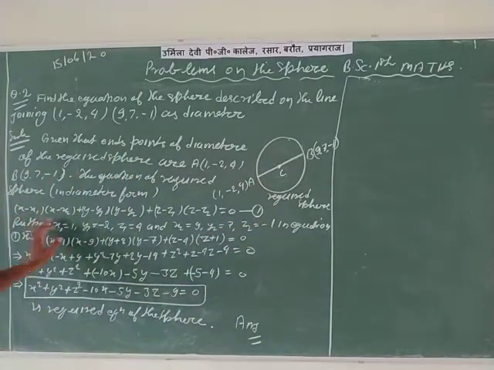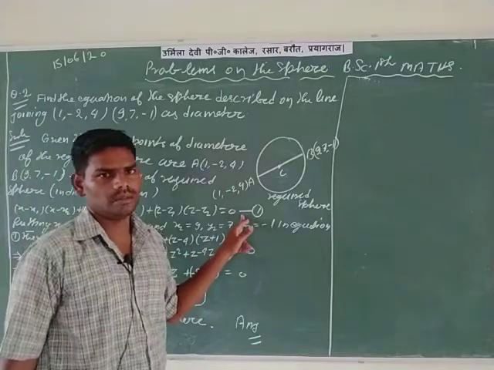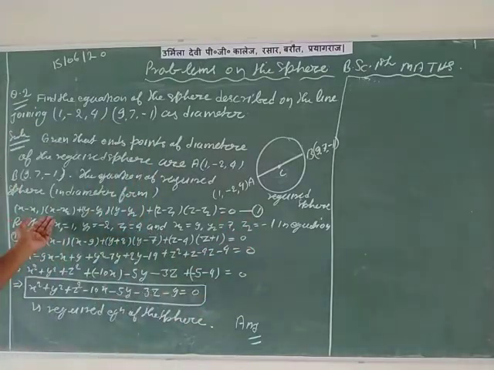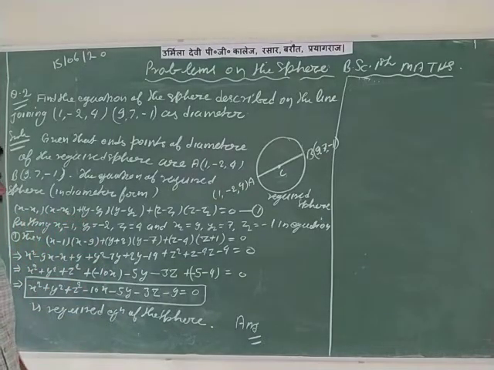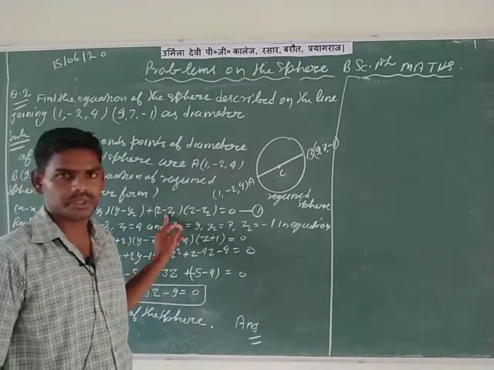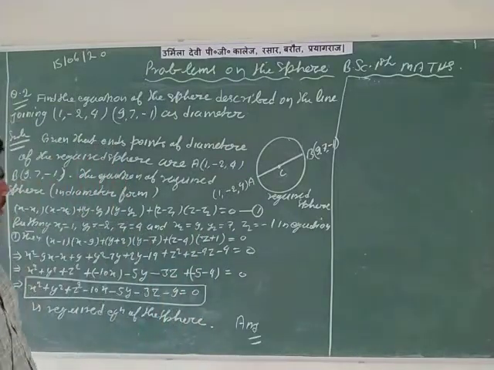After this write the formula of sphere in diameter form: x minus x1 times x minus x2 plus y minus y1 times y minus y2 plus z minus z1 times z minus z2 is equal to 0. This is the diameter form of the sphere.